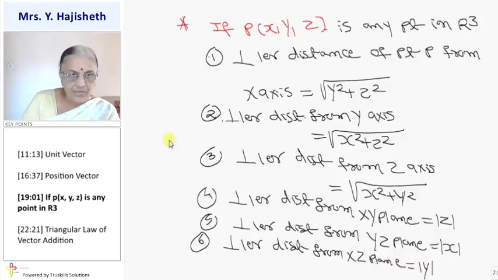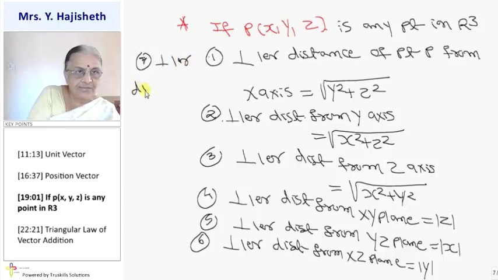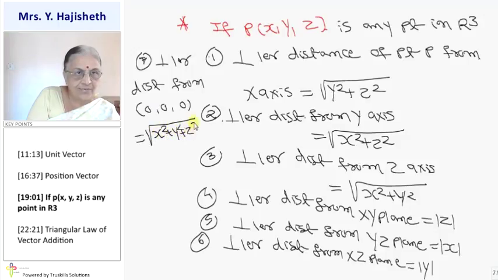And the seventh point, perpendicular distance from the origin is nothing but under root x square plus y square plus z square.